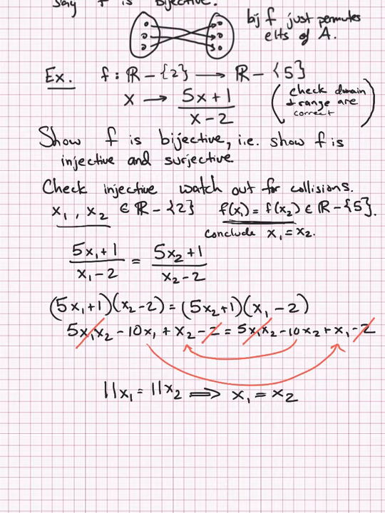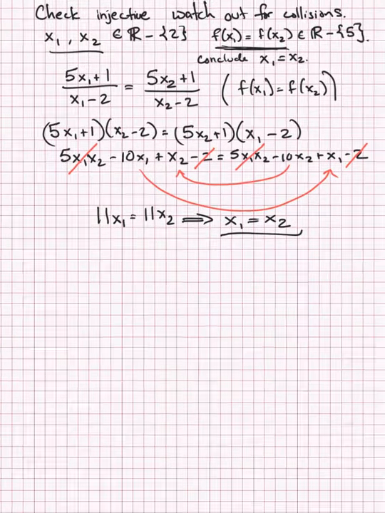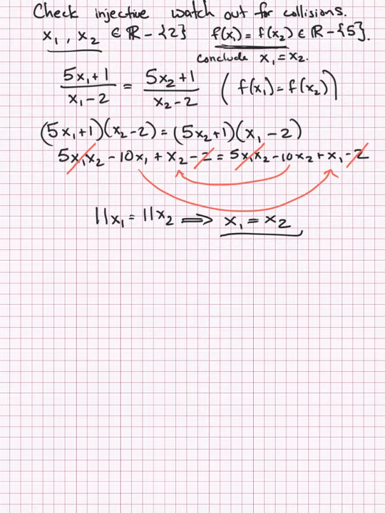We said if two elements are equal, this was our assumption. And this was our conclusion. So that's exactly what you want to show for an injective function. Okay, so what about surjective? Now we have a slightly different story.